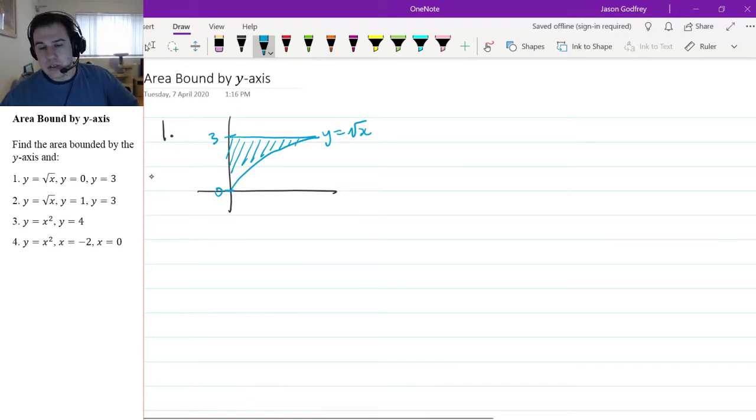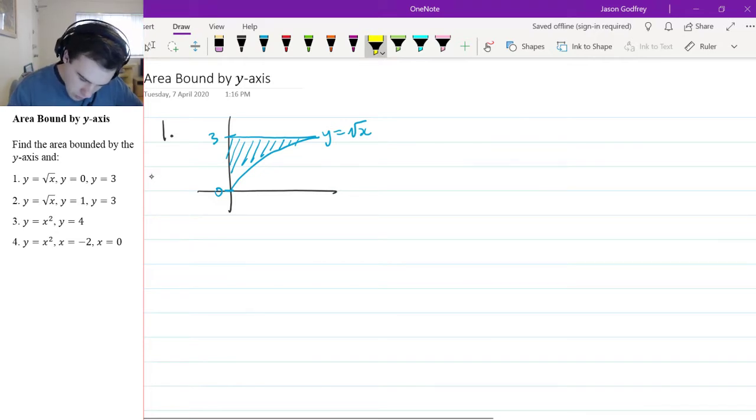So there's a few different ways we can do this. If you notice, if we knew what this point was down here, then this big yellow area would be a rectangle, right?